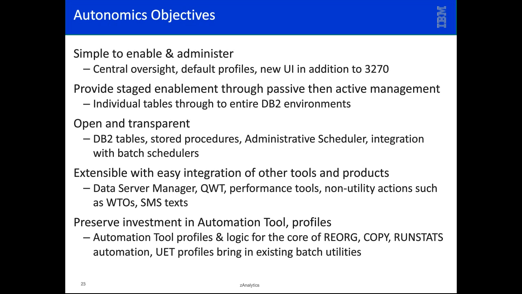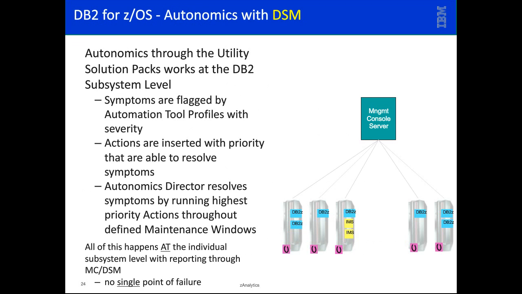Slide number 24. Part of our Autonomics strategy is to help you centralize your maintenance as well as your performance. So now we can, based on utility history and real-time stats history, help you identify symptoms where we will identify with automation tool profiles which objects need maintenance or need to be fixed based on whatever the symptom may be.